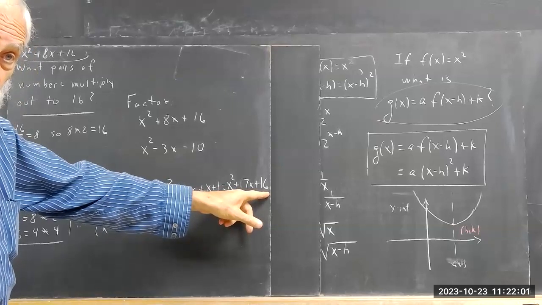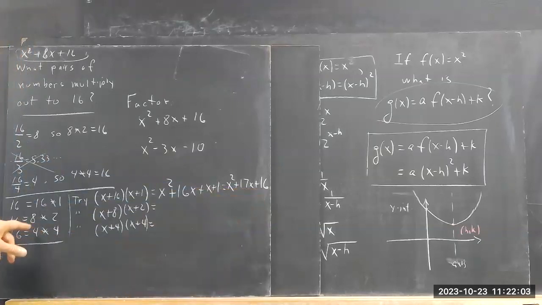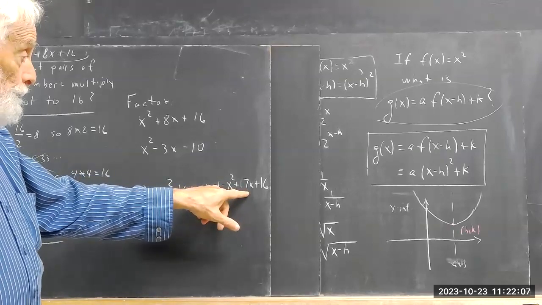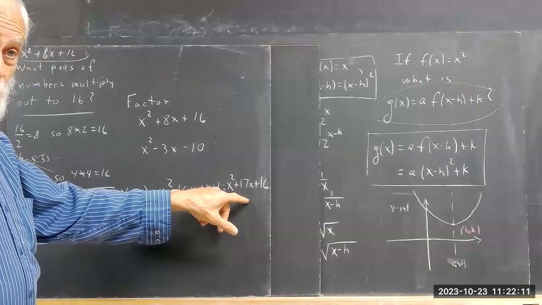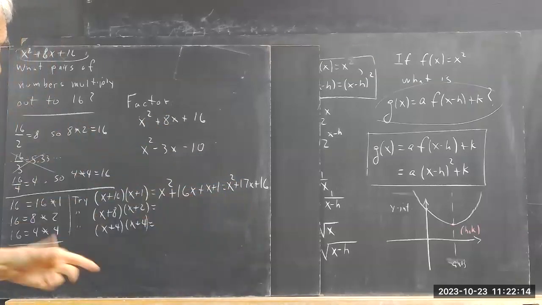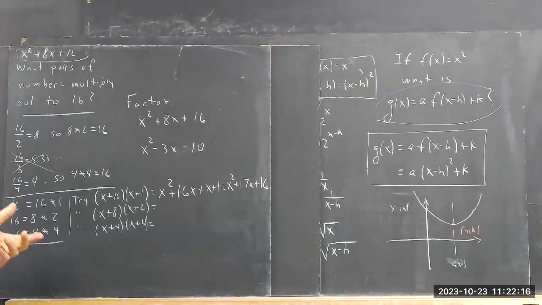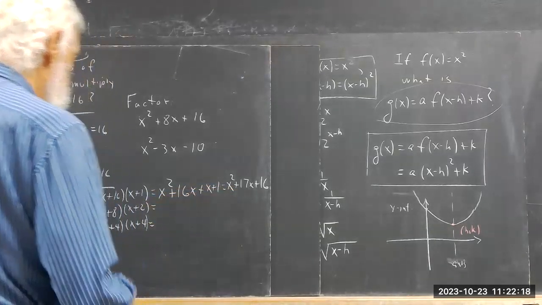It'll always work to give us 16 if we use two numbers that multiply out to 16. Question is, do those numbers combine to give us the 8x that we want? Okay. So this one didn't work because we got 17x.